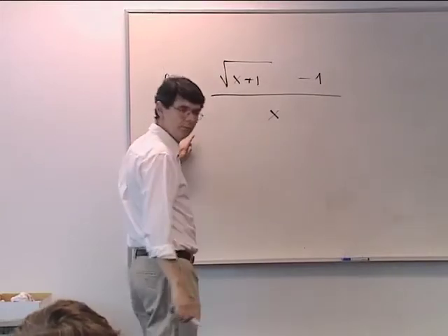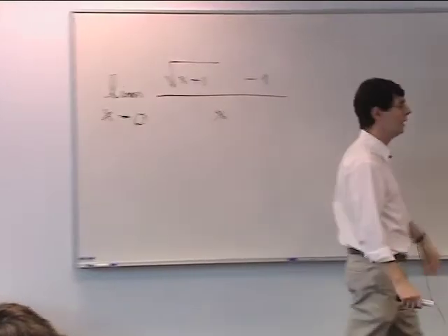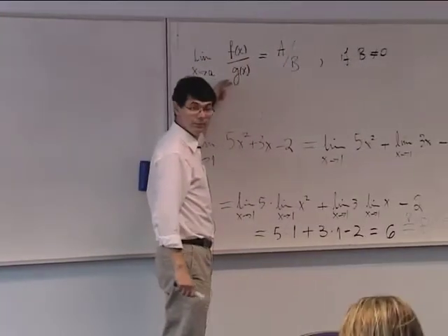X is going to 0. It's a fraction. So it's of the type f divided by g.